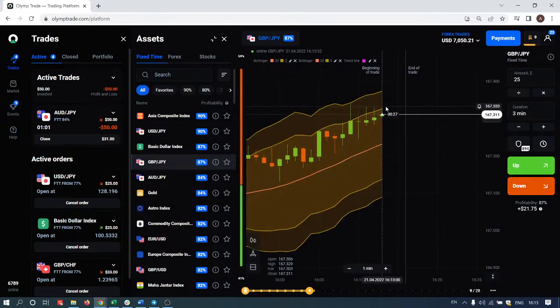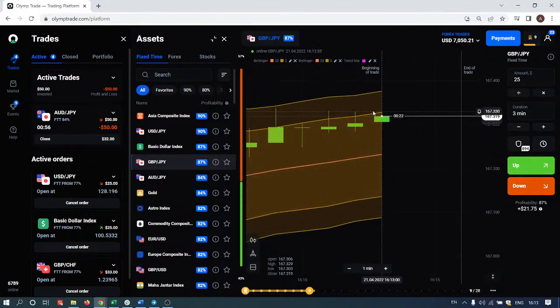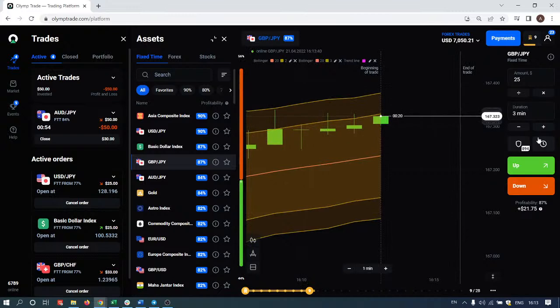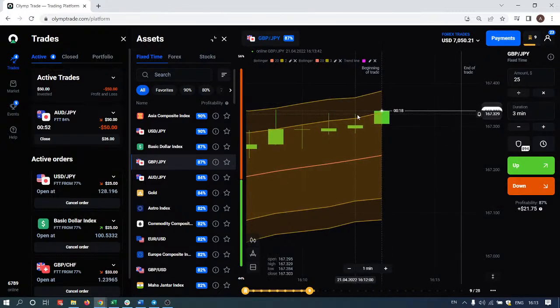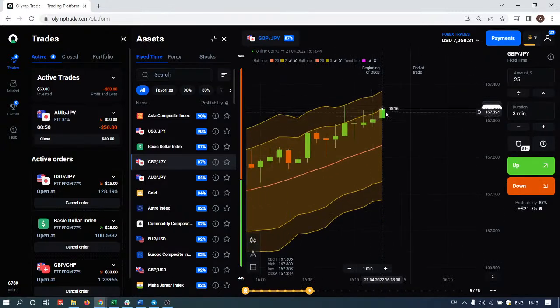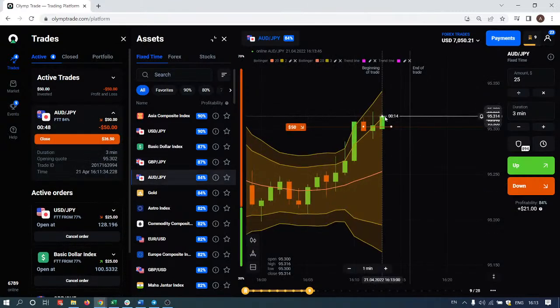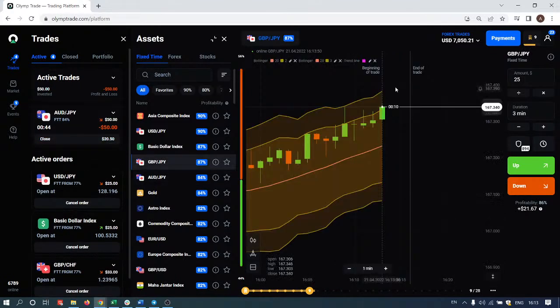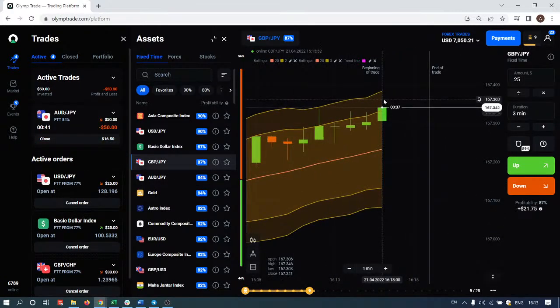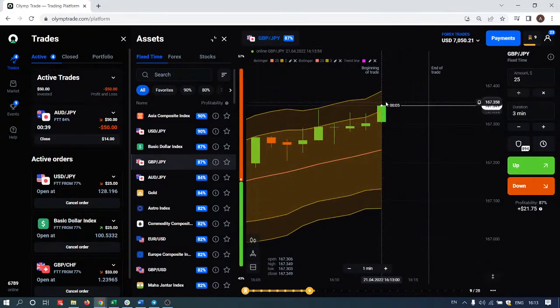So we'll see how this one goes, but I think it's pretty much obvious here that we have a certain level of resistance here. All right.